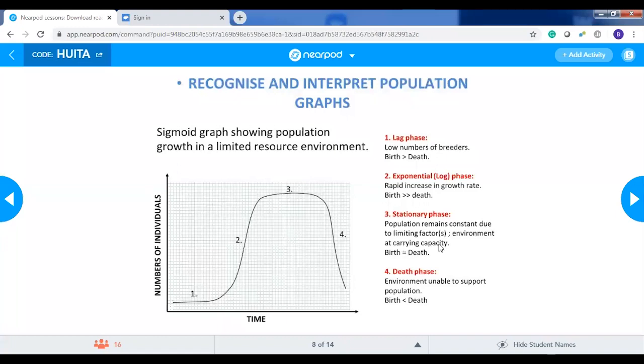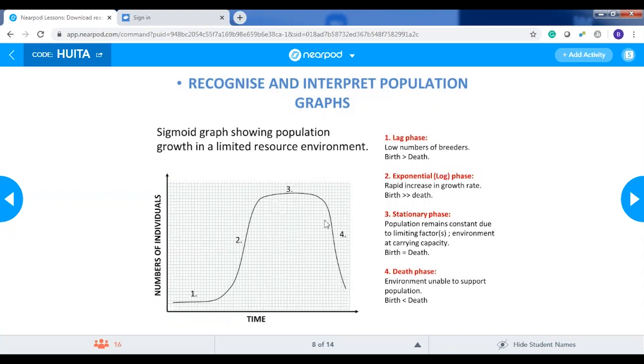So carrying capacity tells us the amount of any population or individuals that can be held by its own environment. And after the population reaches this stationary phase, the number of the population will drop down.